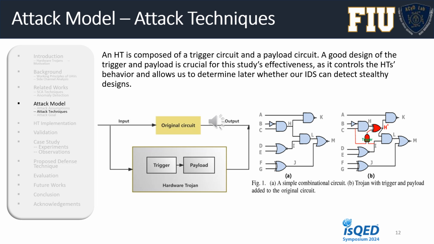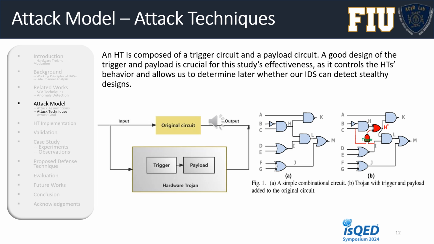If the certain conditions are met on the logic within the trigger circuit, it would release the payload. The payload could be some kind of logic that would essentially disrupt or change the behavior of the circuit.